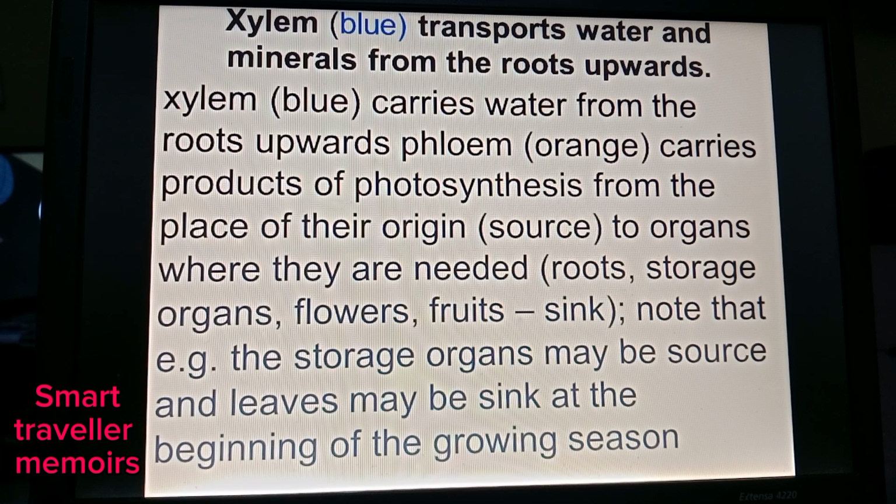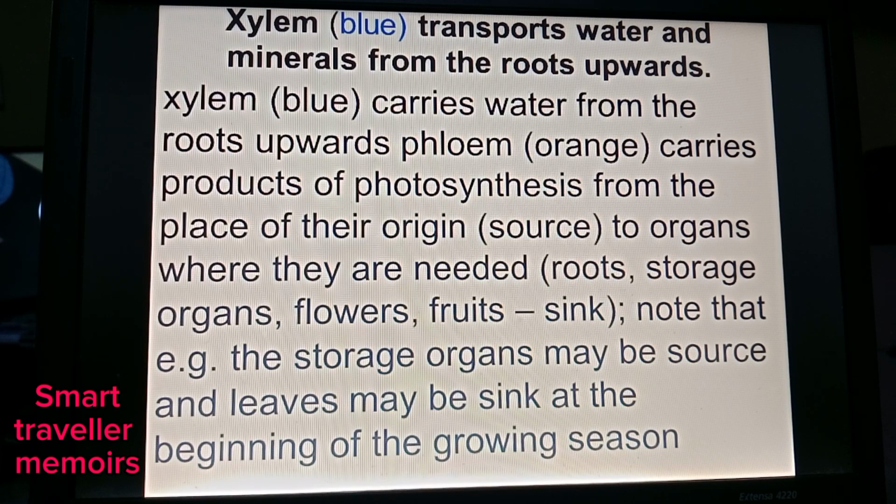So, xylem, blue, carries water from the roots upwards. Phloem, which is orange, carries products of photosynthesis from the place of their origin, the source, to organs where they are needed: roots, storage organs, flowers, fruits.